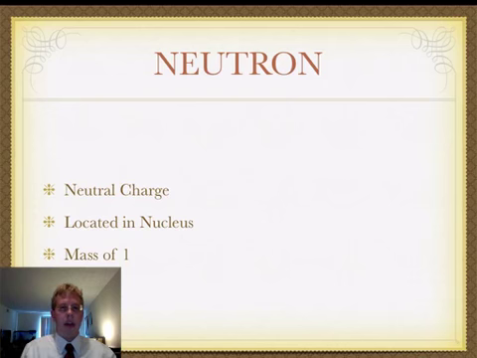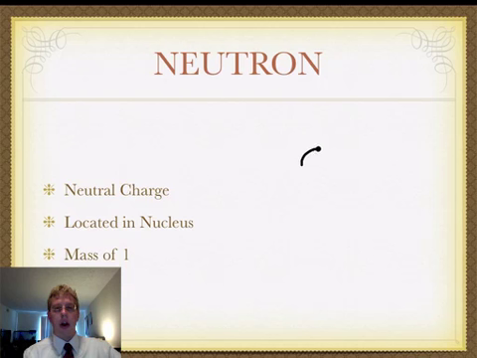Our next part of an atom is going to be that of a neutron. And a neutron, just like the proton, is located in the nucleus of an atom. But it's different in that it has no charge associated with it, and it also has a mass of 1.